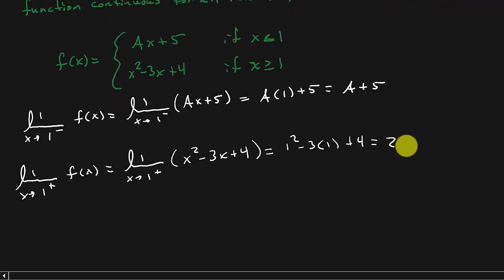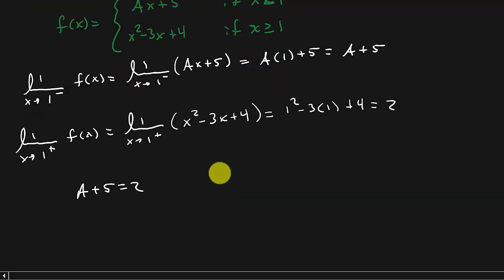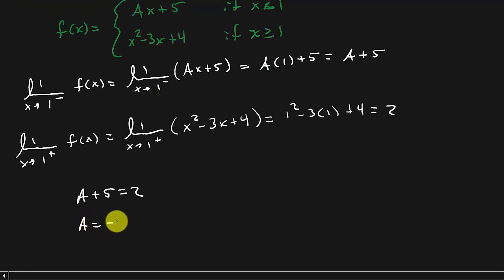Okay, so we know that a plus 5 must equal 2, because remember, the limit from the left and the limit from the right have to be the same. And so this tells us that a is equal to -3. Okay. So what do we conclude from here?